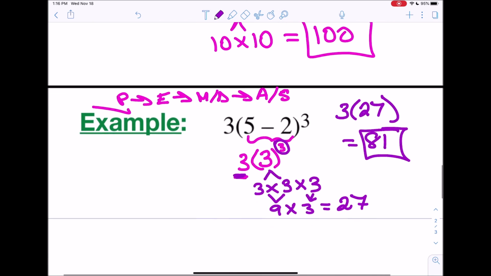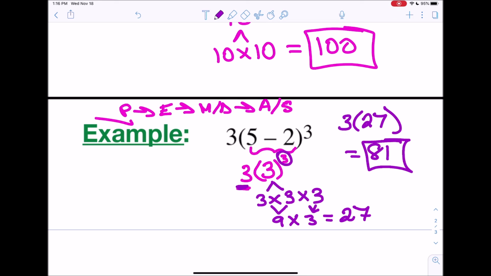Okay, and last but not least, if you have an exponent on parentheses with a number on the outside of the parentheses, meaning multiplication, you still follow the same steps. Follow order of operations. You do the inside of the parentheses first, get your answer. Second step is doing the exponent, and then worry about multiplying with the outside number last.